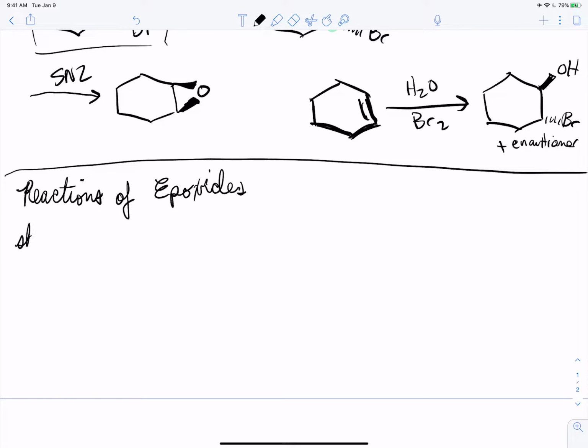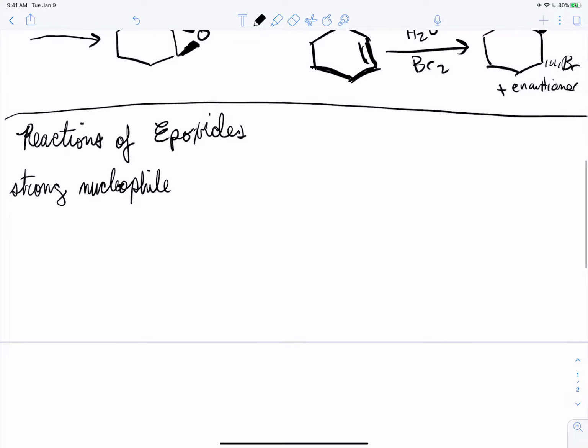So let's start by looking at what happens when you have a strong nucleophile. Let's say I start out with my simple epoxide here, the simplest one we can have.